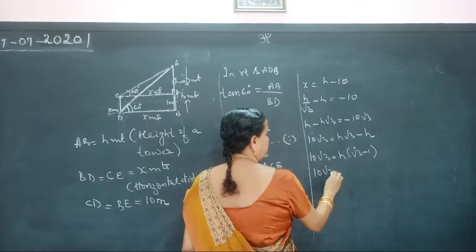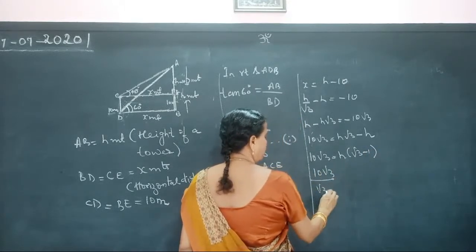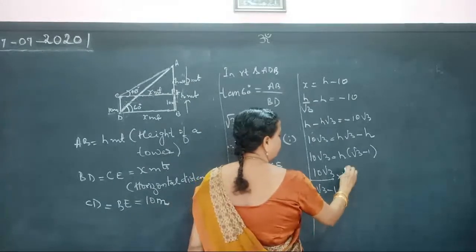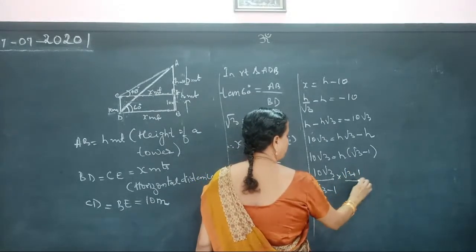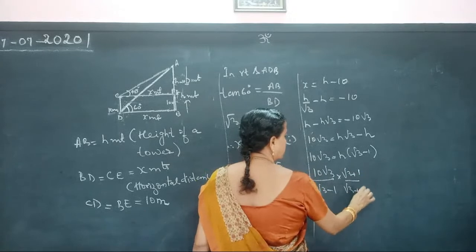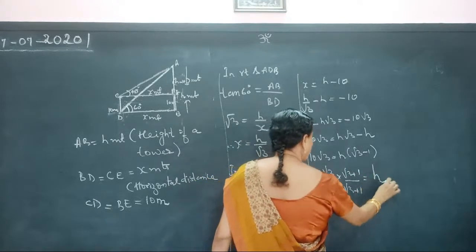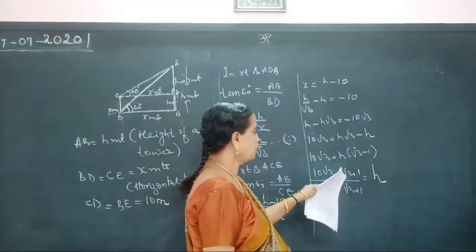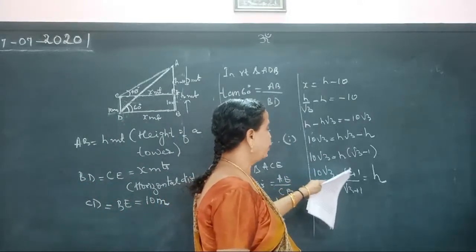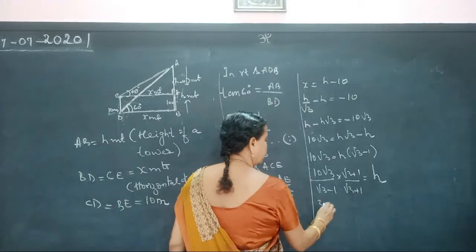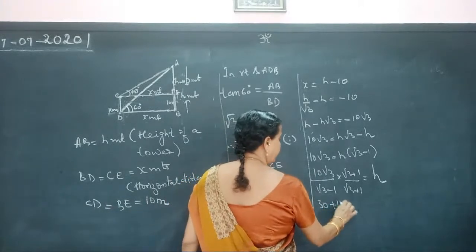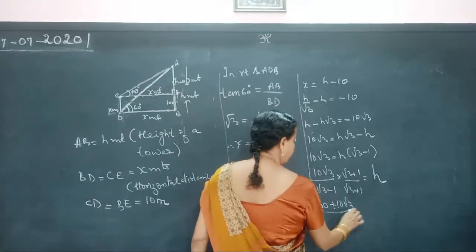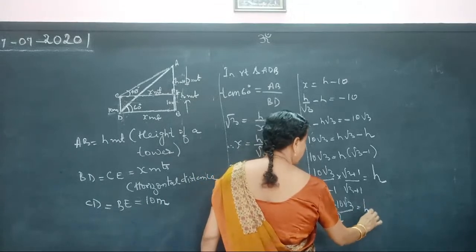H equals 10 root 3 by root 3 minus 1 into root 3 plus 1 by root 3 plus 1.